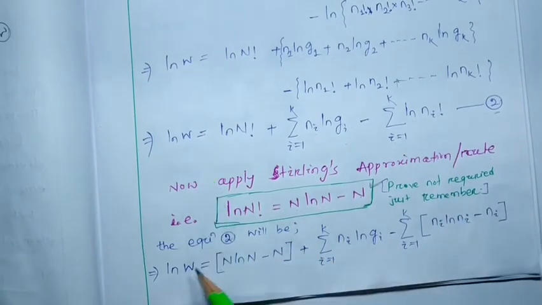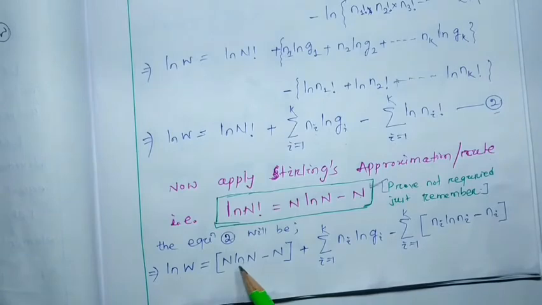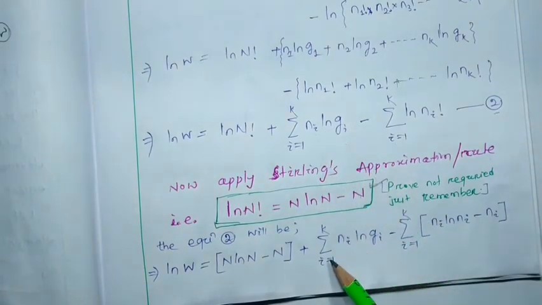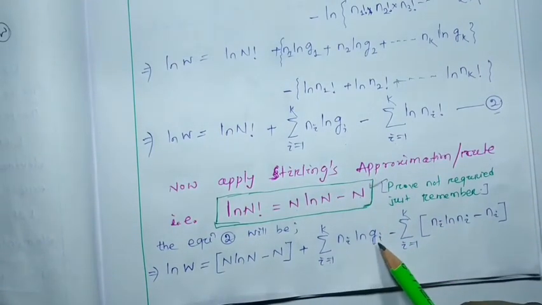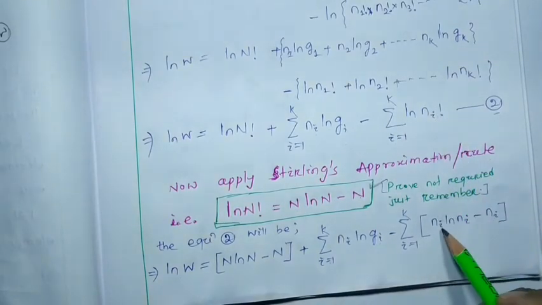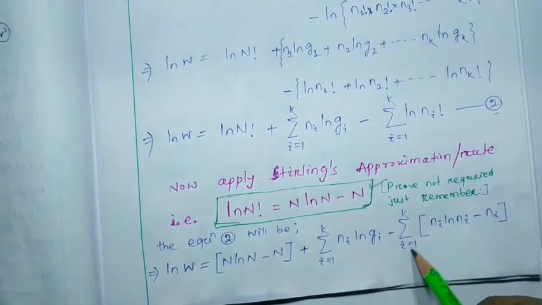Here ln W, here ln n factorial can be written as n ln n minus n. This will be written as summation i to k ni ln gi minus, since ni factorial is there, you can write ni ln ni minus ni, summation is i to k.